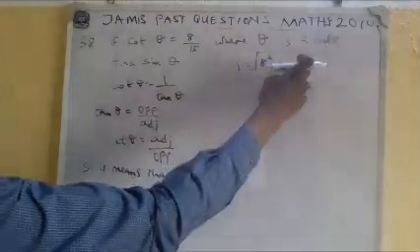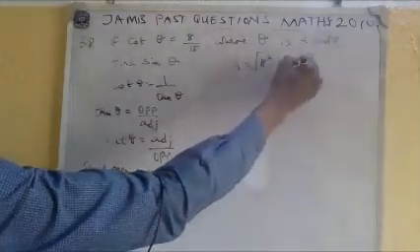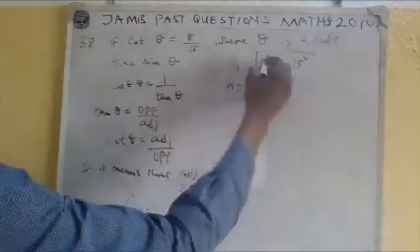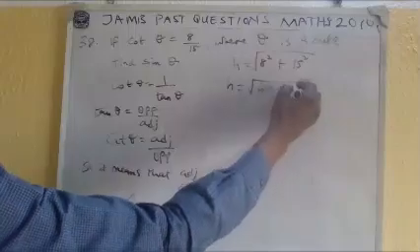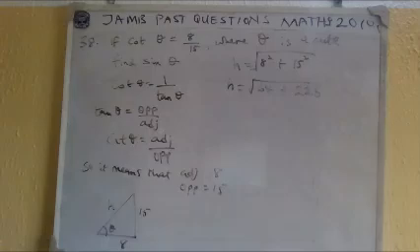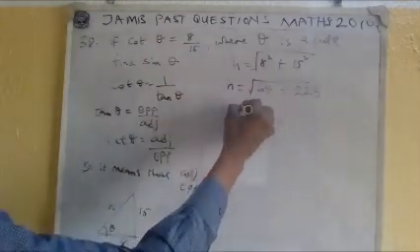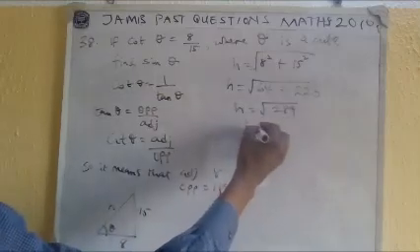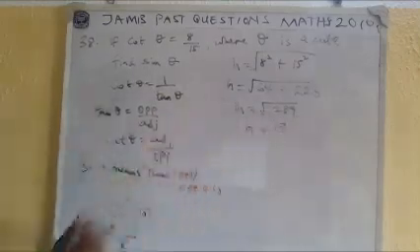Please pardon the way the marker is behaving. This is 64. This is 225. So H is equal to the square root of 289. H is equal to 17 when you use the square root.